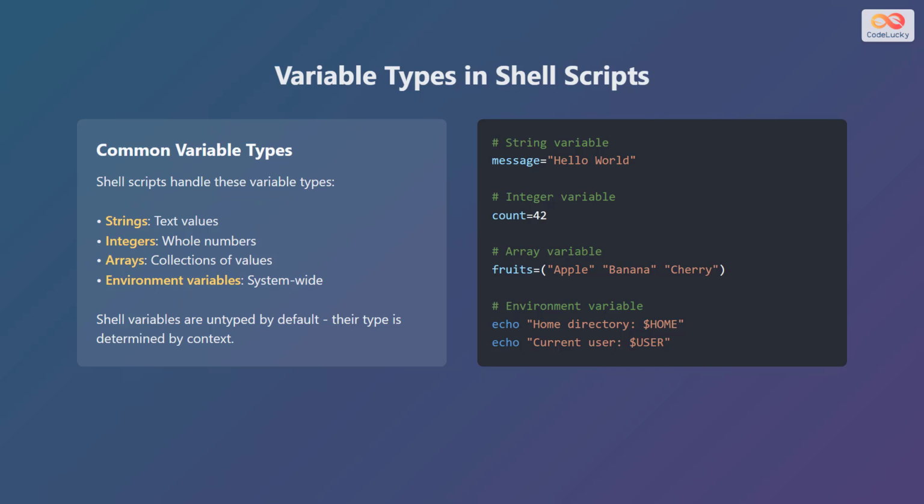We define an integer variable named count and assign the integer value 42 to it. We define an array variable named fruits, containing the strings apple, banana, and cherry. We also demonstrate accessing environment variables using the echo command to print the home directory, represented by $HOME, and the current user, represented by $USER.